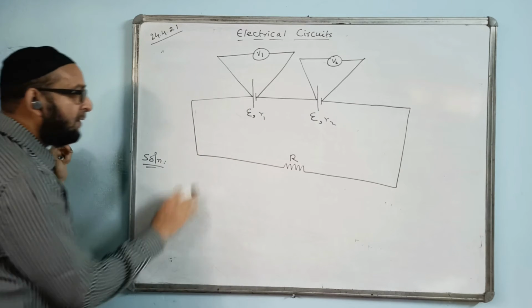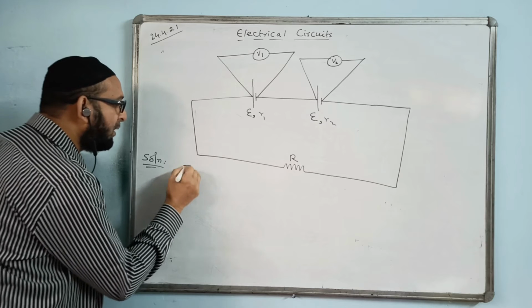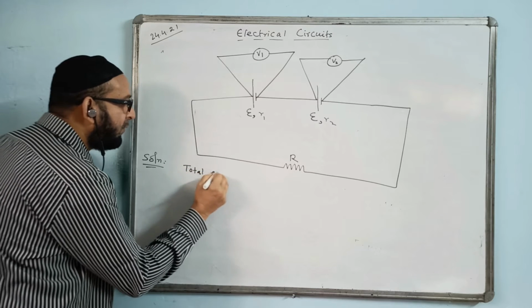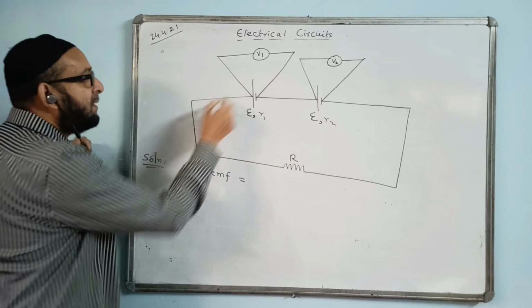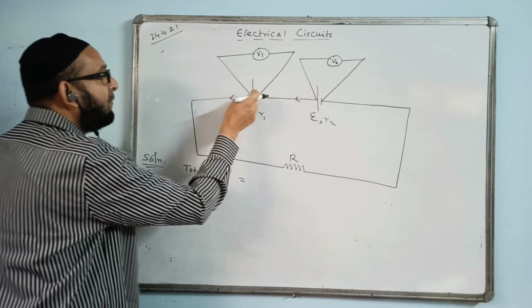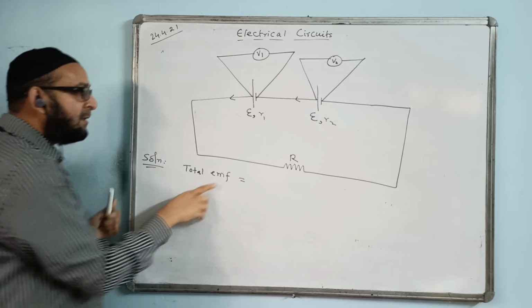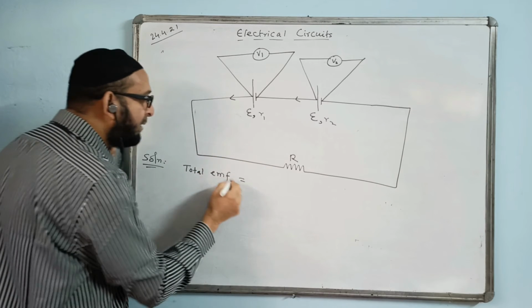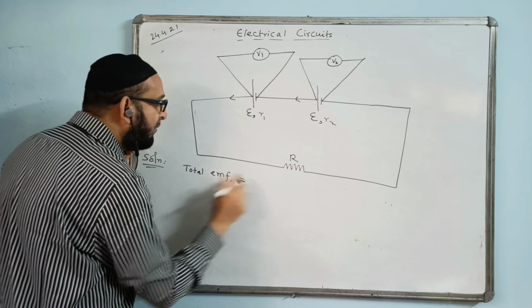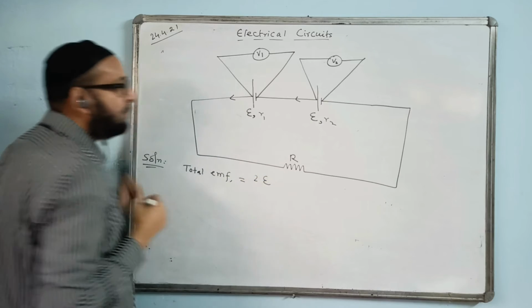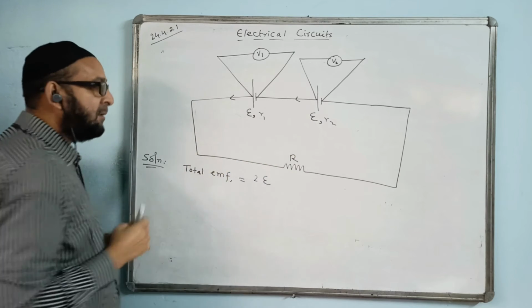First of all, we'll write the total EMF of the circuit. We see the current here is in the same direction, flowing from the positive side. The currents are in the same direction, so the EMFs will be in addition. Total EMF will be equal to 2E, E plus E added.